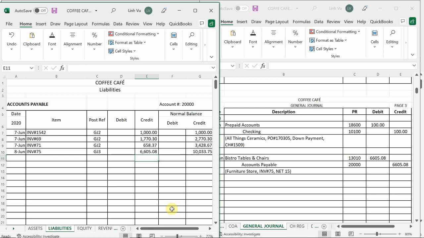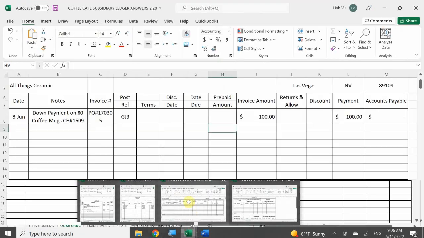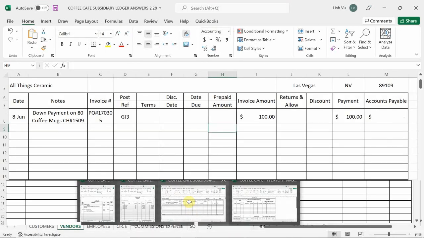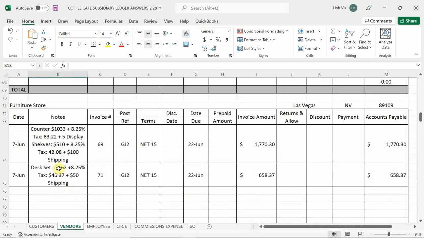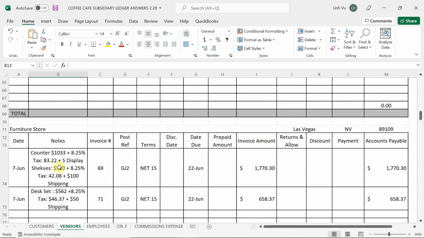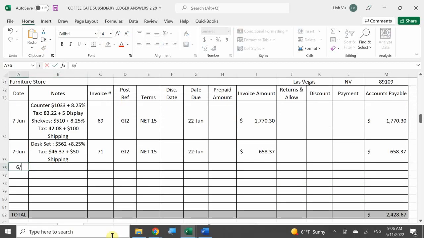All right. And now I need to go to my subsidiary ledger because now I'm responsible to make my payments to furniture store. Okay. Here you go. Furniture store. Right?